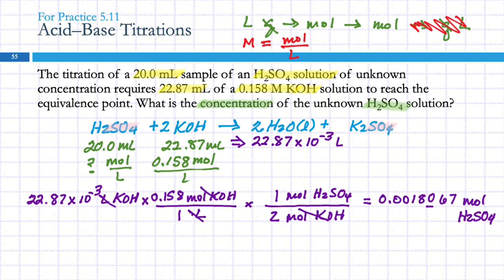That's not our answer yet. The molarity of that solution is equal to the number of moles divided by the volume in liters. Well, they gave it to me in milliliters. Well, we'll show them. 20.0 times 10 to the minus 3 liters.